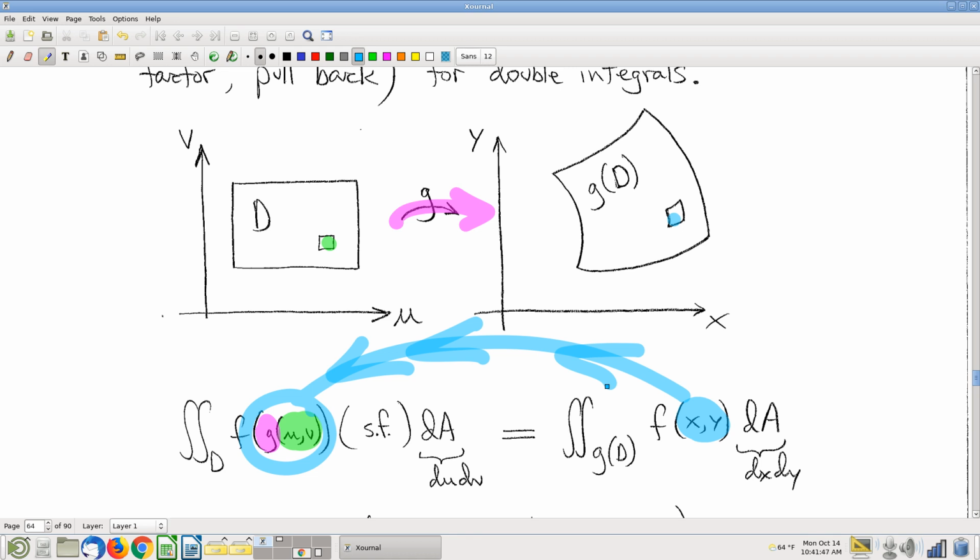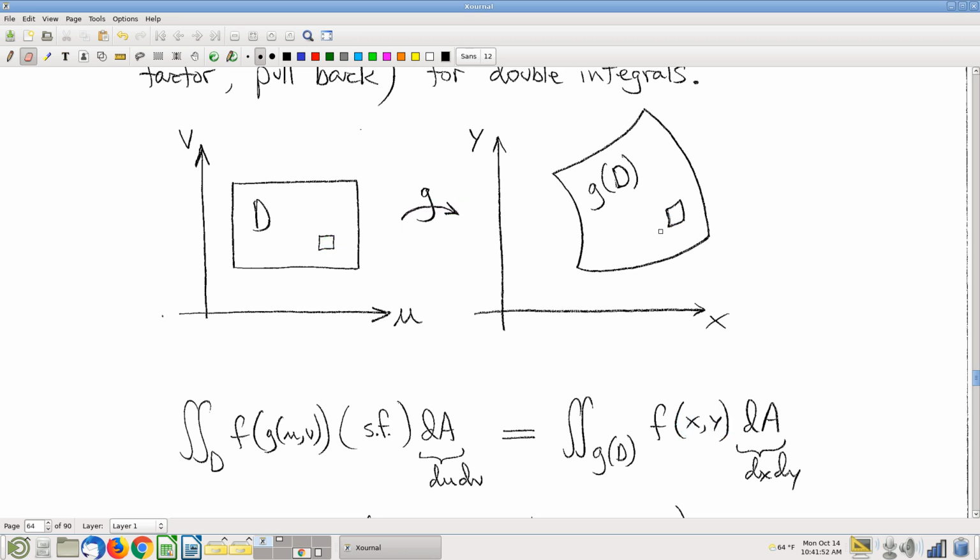Then there's the issue of size, and here's where I'm going to have to sweep something under the rug. We'll come back to it at a later date. But this size here, dA, the area in the xy plane, when we write the integral, we'll eventually write as dx dy. How much area is that in the xy plane? That little piece of area is not the same as this little piece of area here, du dv. They're very much not the same. That little rectangle gets stretched out.